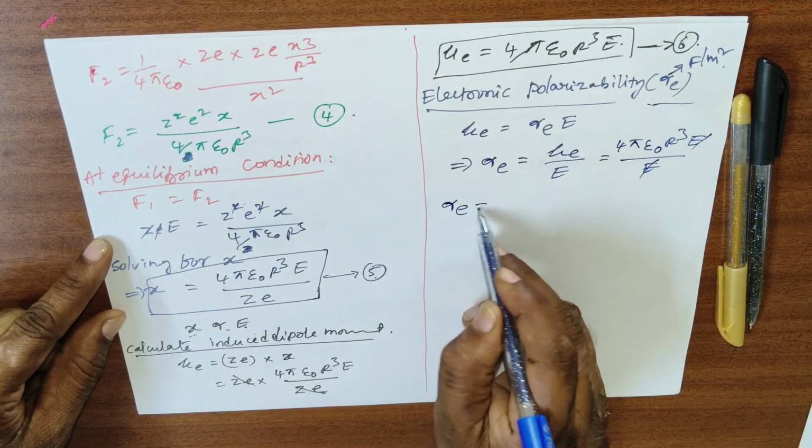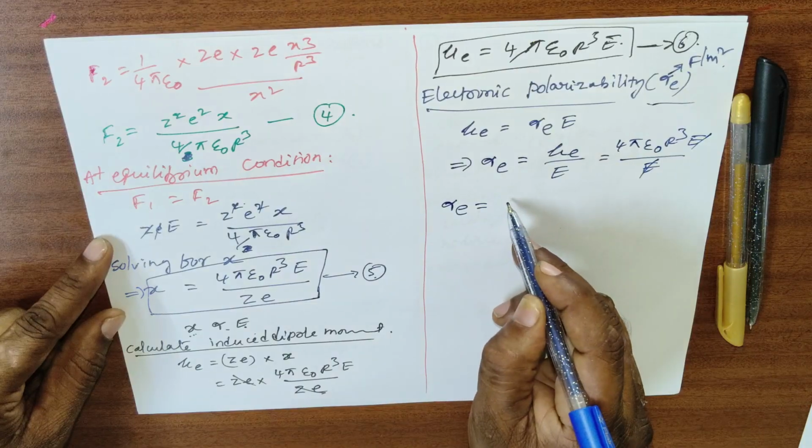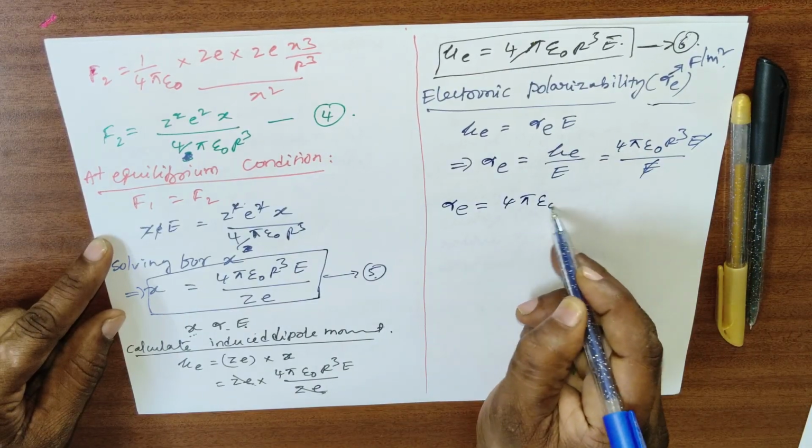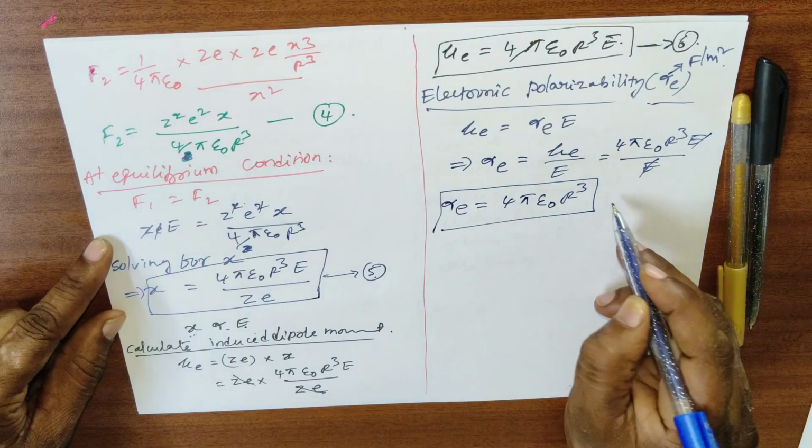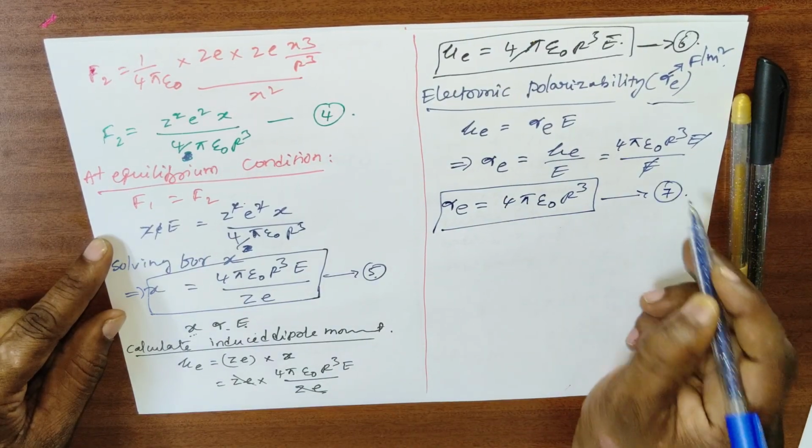Then the electronic polarizability alpha E is equal to 4 pi epsilon naught R cube. This is our final expression for electronic polarizability. This is equation number 7.